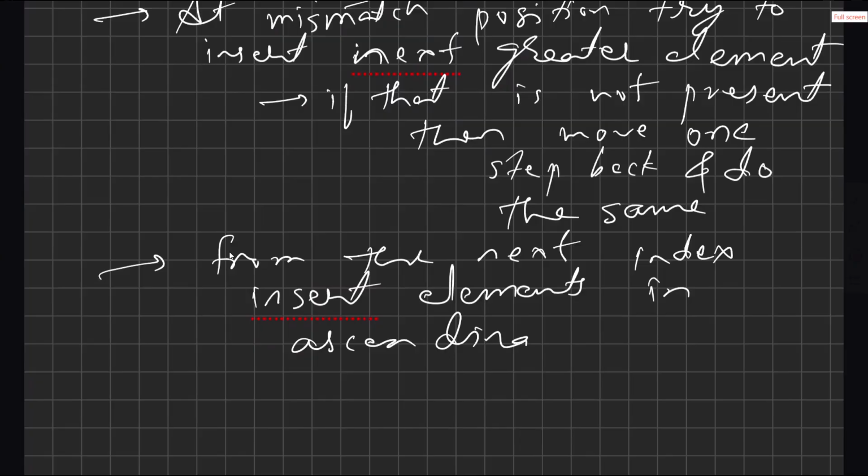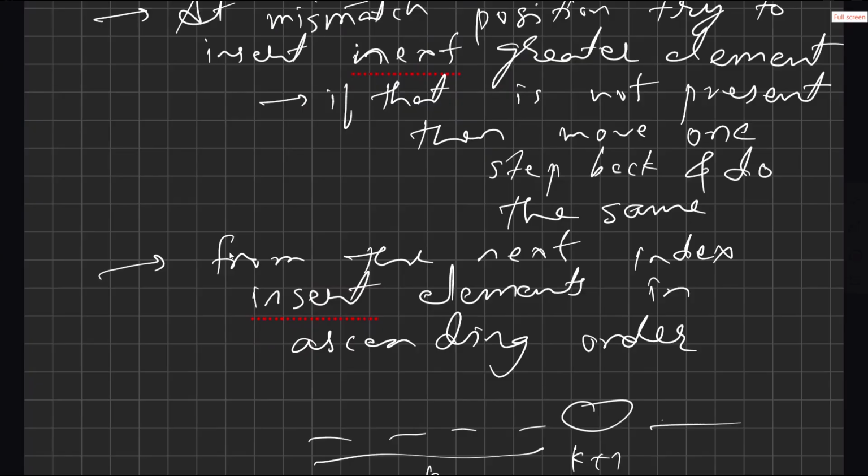Because wherever it was a mismatch, let's say k characters are matched, and this is k plus 1, and here we have n minus k minus 1 elements, or you can think of this way, this many elements we have.